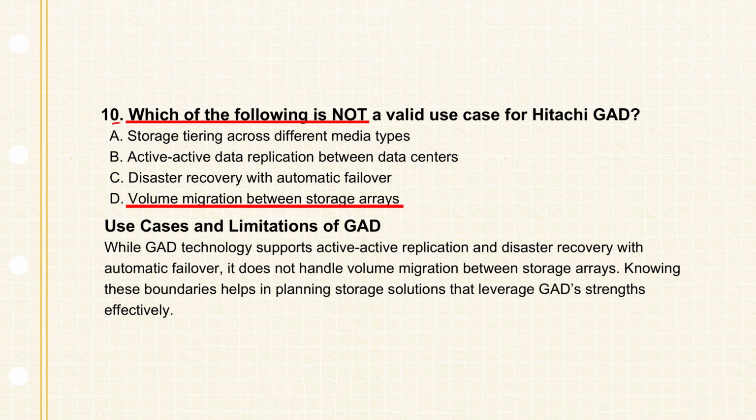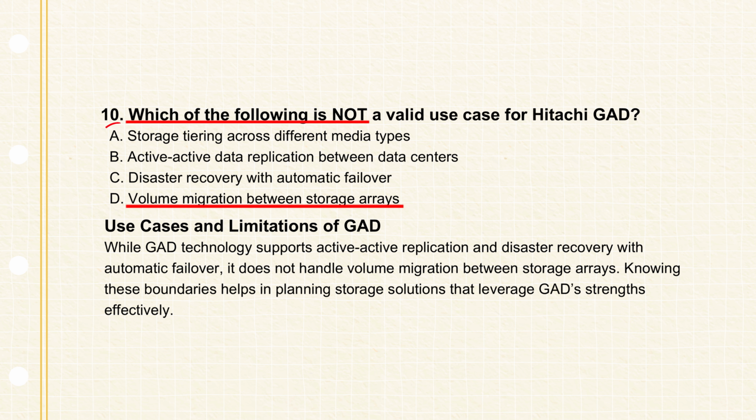So the answer says A, but the explanation talks about D. Kind of, yeah. The explanation clarifies that GAD's focus is more on use cases like data replication, disaster recovery, and that active data usage we talked about. It explicitly says volume migration isn't a typical GAD function within that explanation text. Fascinating. Okay, so just to be clear for everyone listening, we're reporting exactly what the source presents here. It gives storage tiering as the answer for what GAD is not typically used for.